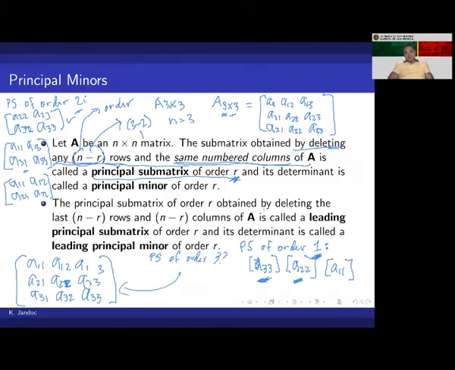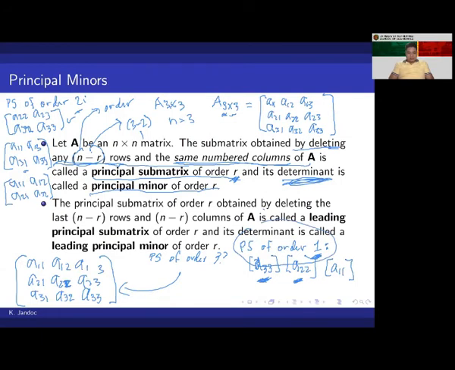Okay, great. So you now know how to get the principal submatrix of order r. Now, the next question is, what is the principal minor of order r? Well, the principal minor is simply the determinant of the matrix. For order 1, it's simple.